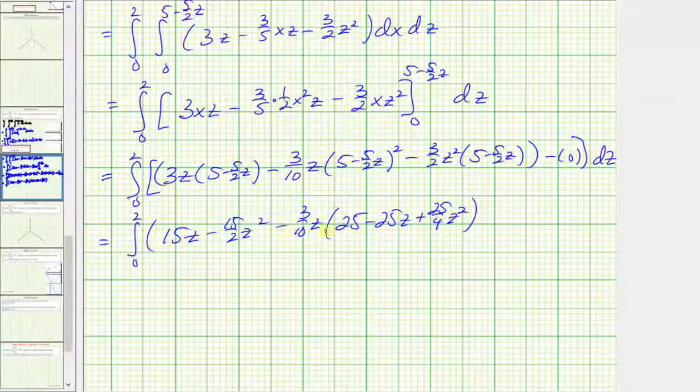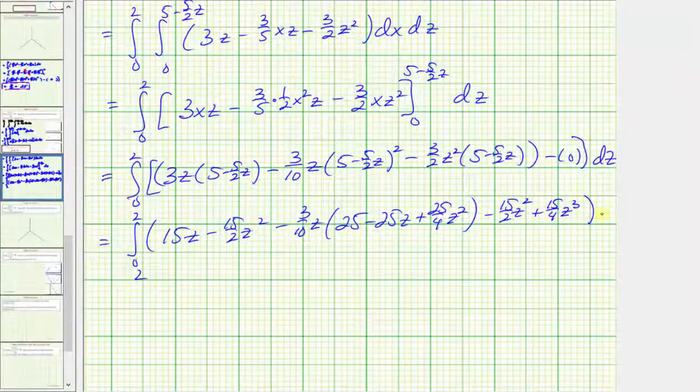We'll still have to come back and distribute here. Then distributing here, we're going to have minus 15/2 z squared, and then we have plus 15/4 z cubed. And now we still need to distribute here and then combine like terms.